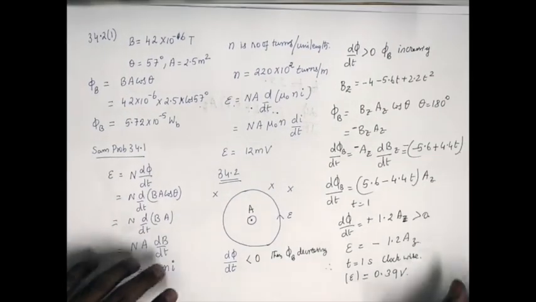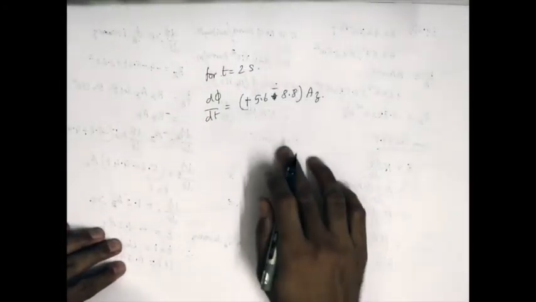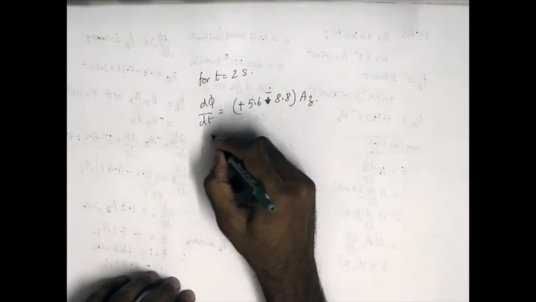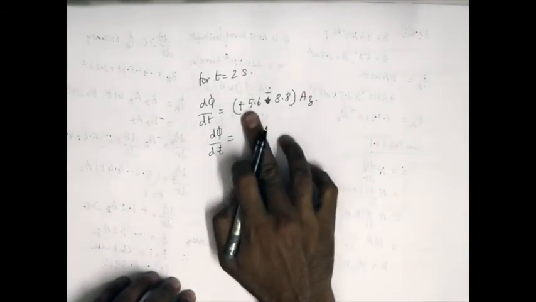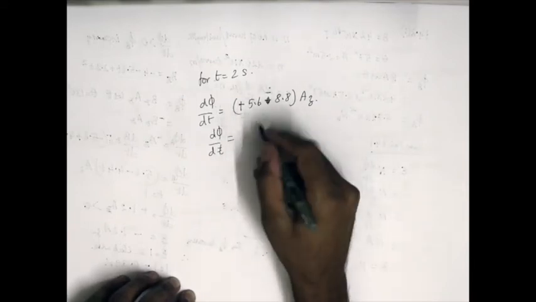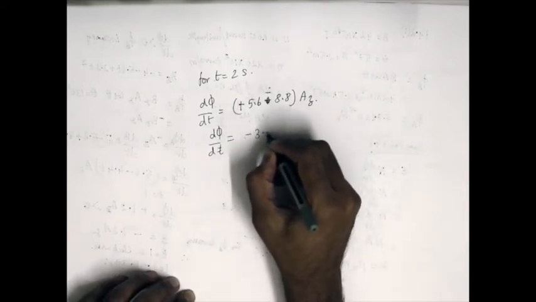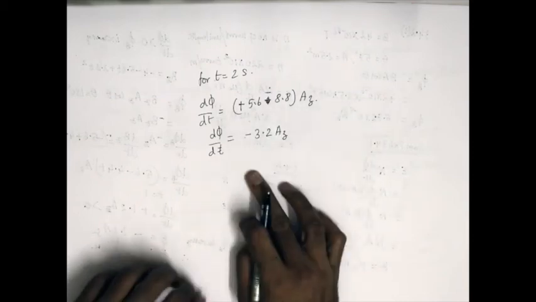No. So this should have been a plus and this should have been a minus. So therefore you can see d phi by dt is equal to 5.6 minus 8.8 is equal to minus 3.2 A of Z.